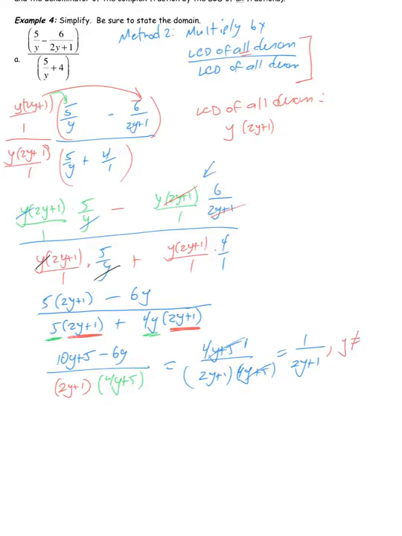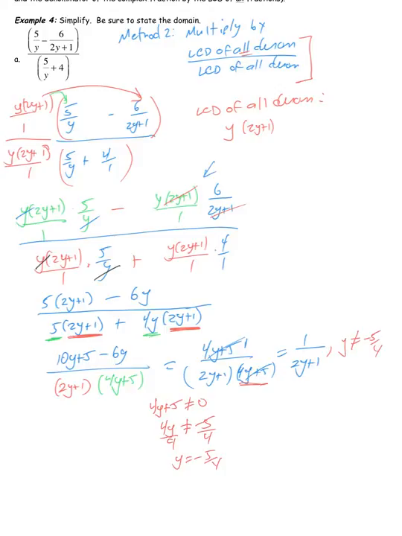We canceled out this 4y plus 5, so we have to exclude the value that made 4y plus 5 equal to 0. So we're going to solve 4y plus 5 is not equal to 0. So 4y, subtracting 5 from both sides, is not equal to negative 5. Dividing both sides by 4, we'll get y is not equal to negative 5/4.